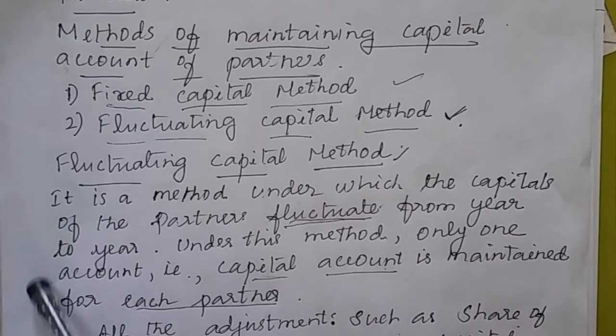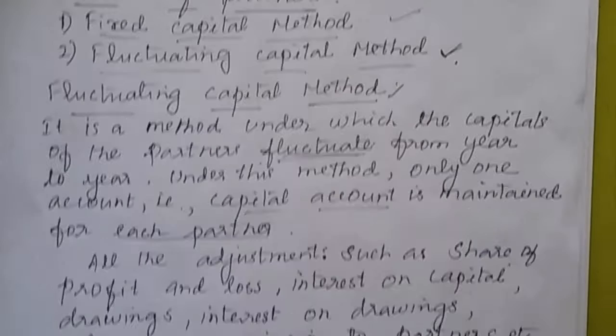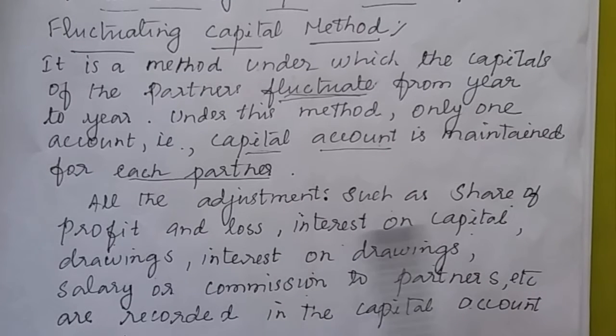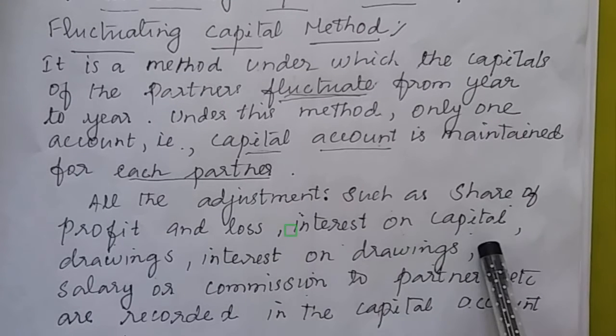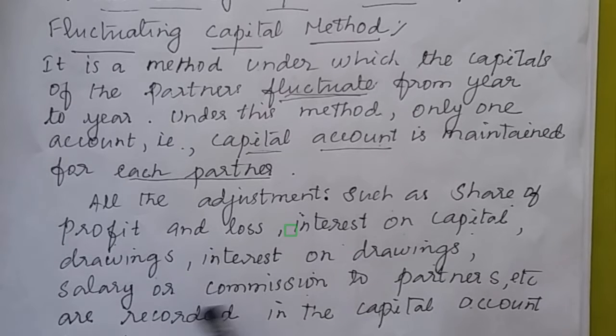Why does it fluctuate? Because all the adjustments like share of profit and loss, interest on capital, drawings, interest on drawings, salary or commission to partners are recorded in the capital accounts itself.